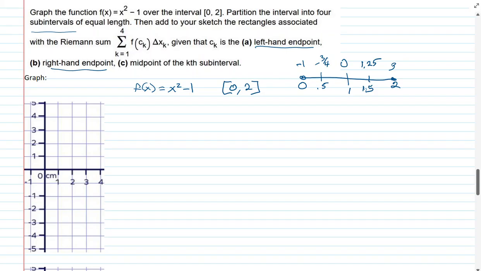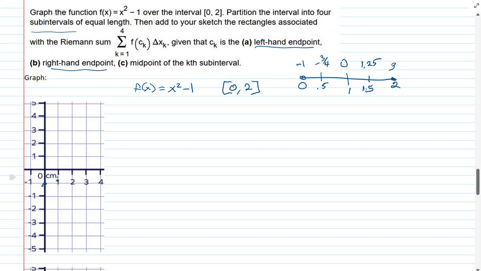Okay. So I've got what I need. -1, -3/4, 0. Oh, sorry. I plotted that on the plus.